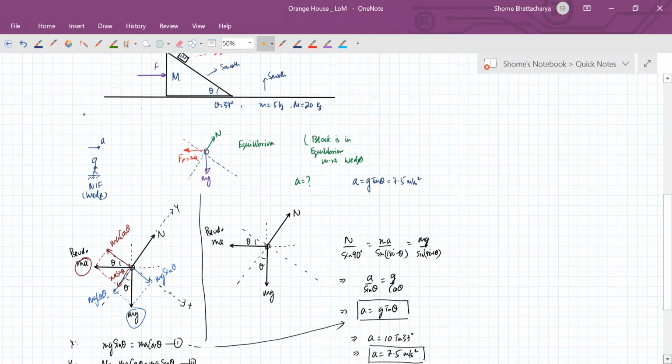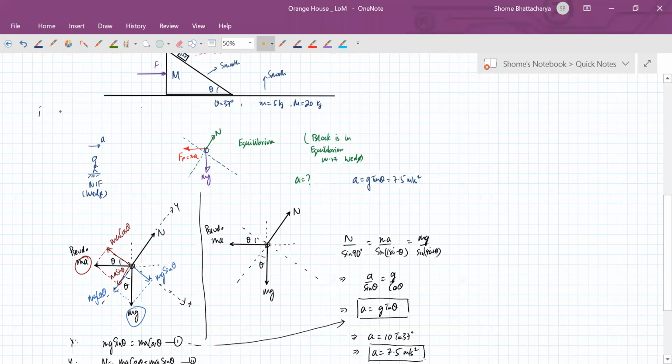We found out the acceleration of the block, how much it should be. Now second part, you have to find out how much force is being applied on the system. So just try this out now.